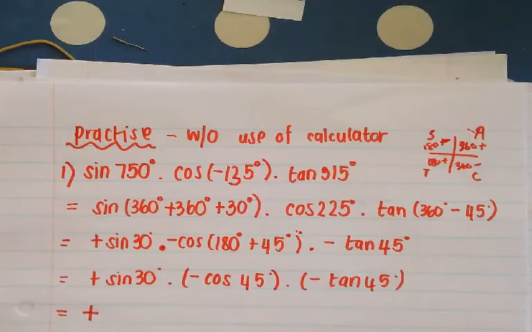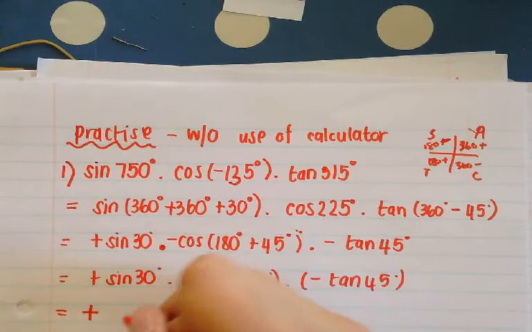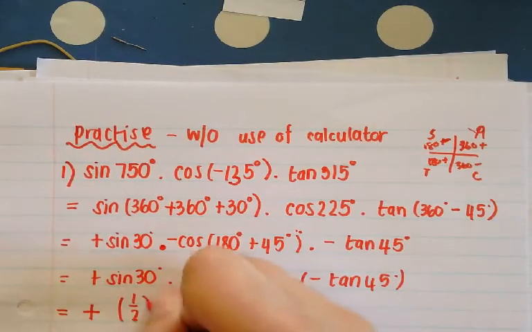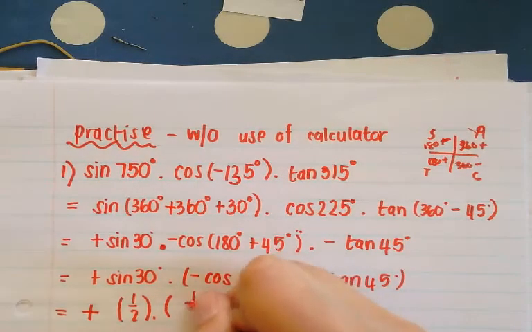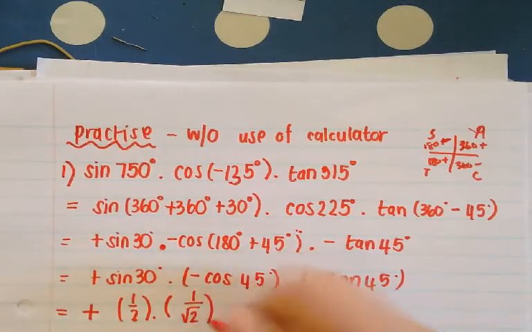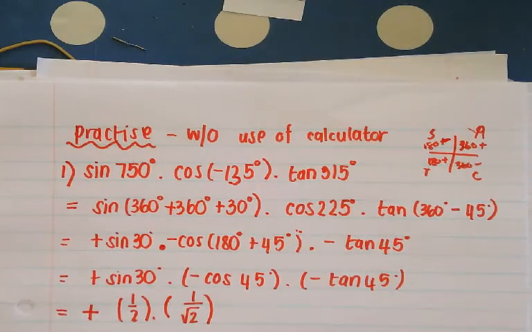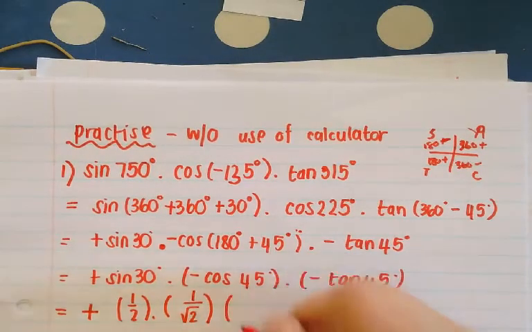Sine 30 is a special angle, it is a half. The more you know off by heart, the less time it will take, and time is your biggest factor in a test. Cos 45 is 1 over square root 2, not square root 2 over 2. And tan 45 is just 1.